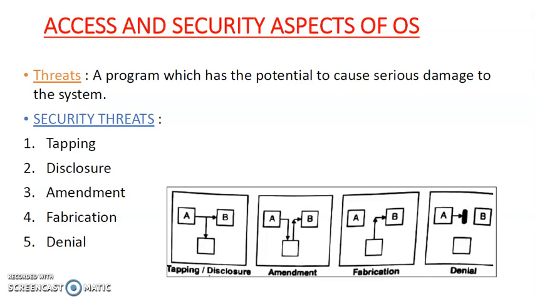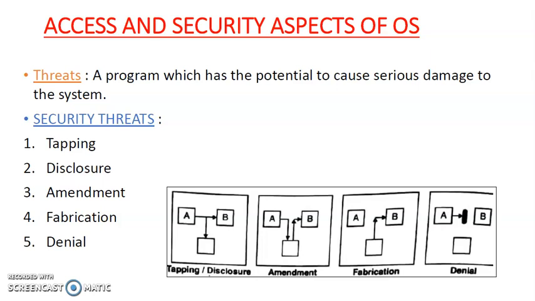Then disclosure is the unauthorized disclosure of information. You can see the unauthorized user first accesses the data and then can send it on. Then the third one is amendment. It means an unauthorized user can alter or delete your information.